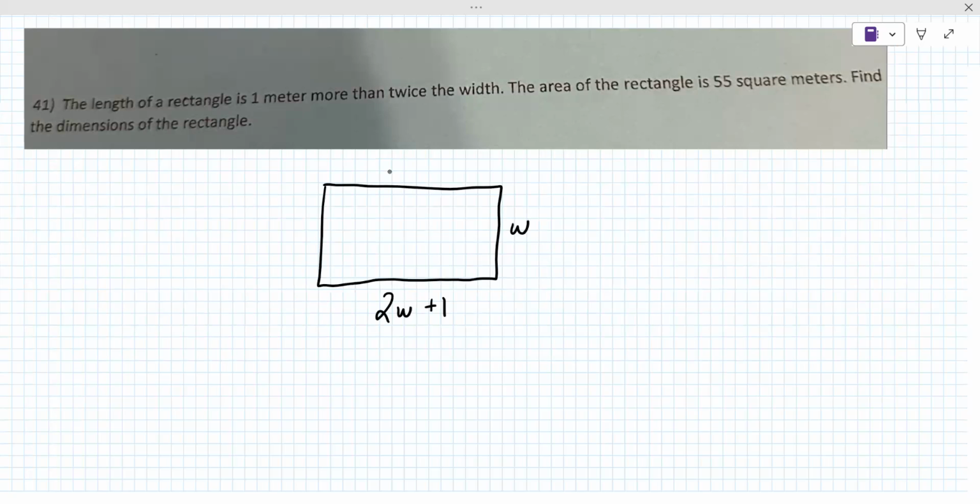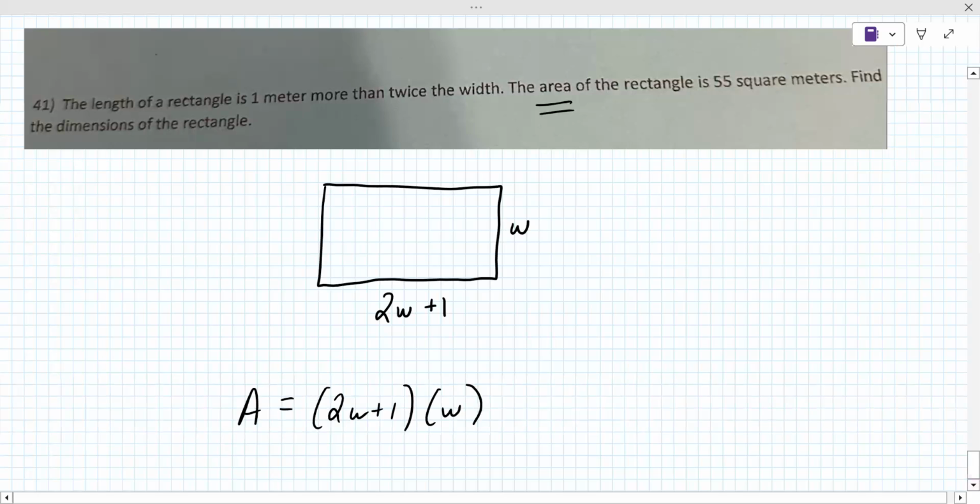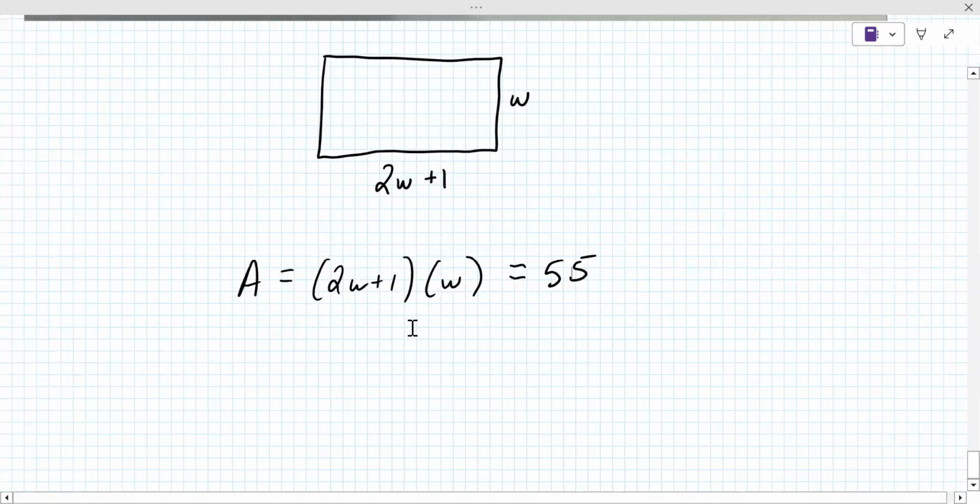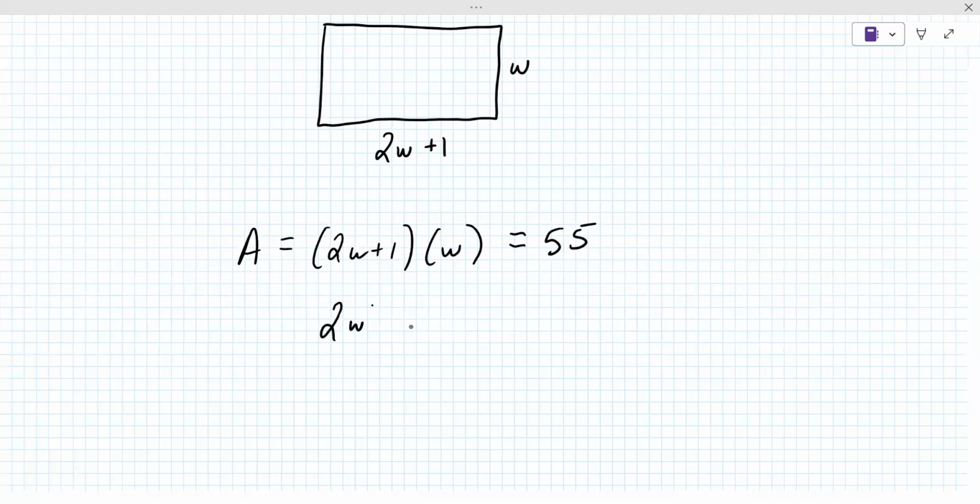Okay. All right, now the area of the rectangle is length times width, or base times height. And the area is 55, but it's 2W plus 1 times W, and that equals 55. So that's 2W squared plus W equals 55.